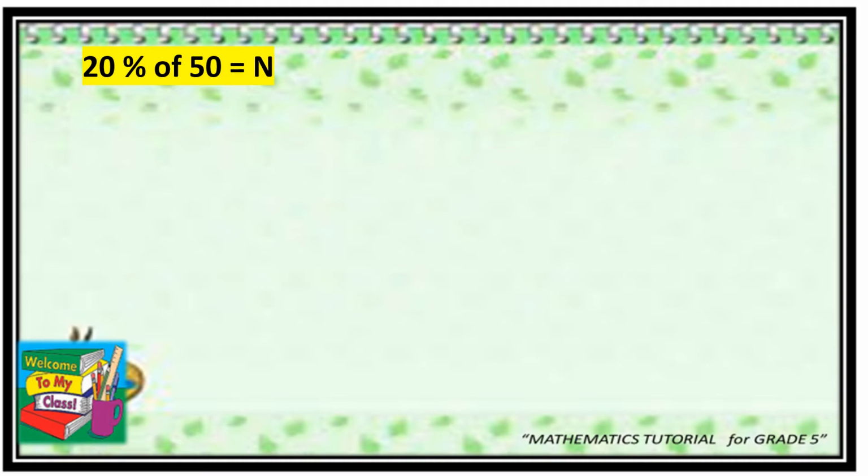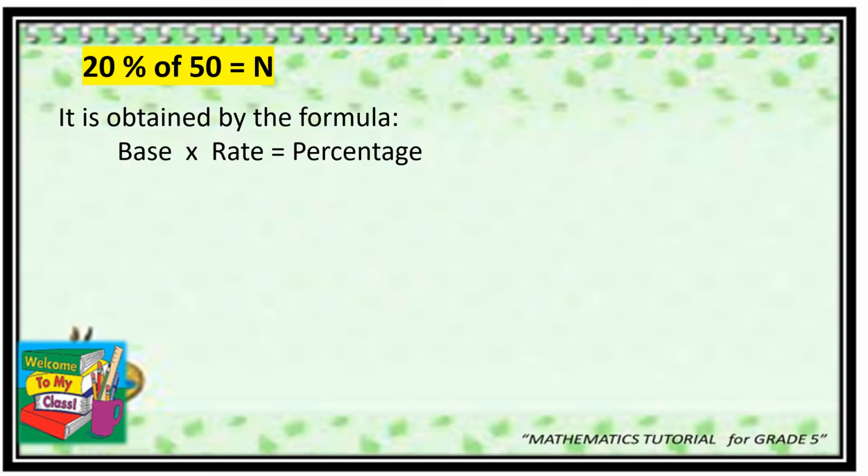In 20% of 50 equals n, it is obtained by the formula base times rate equals percentage. 50 is the base, rate is 20% equals percentage. So, mapapansin natin na ang rate ay mayroong symbol na percent.